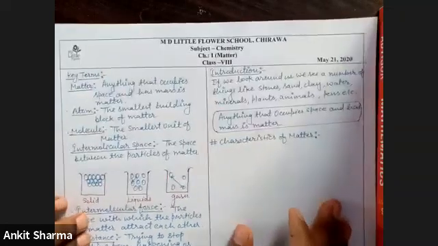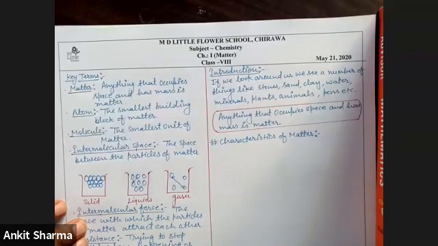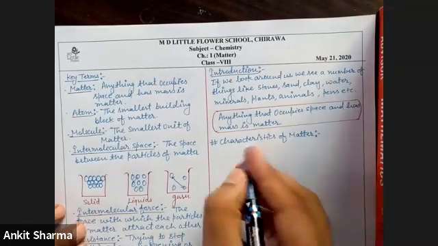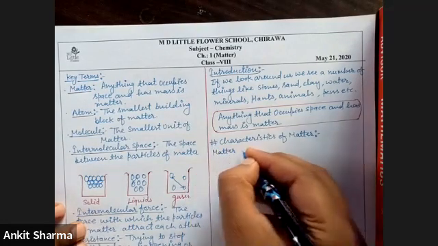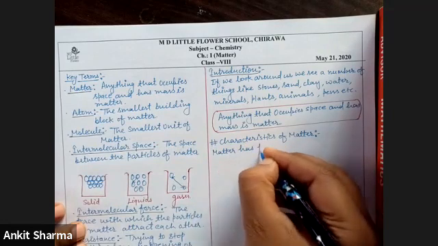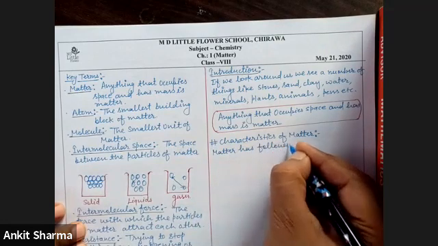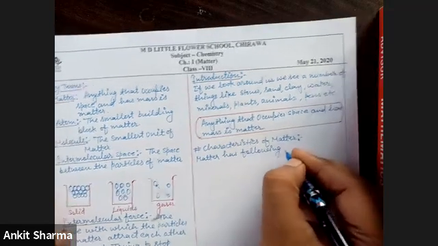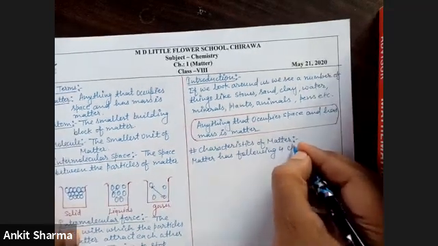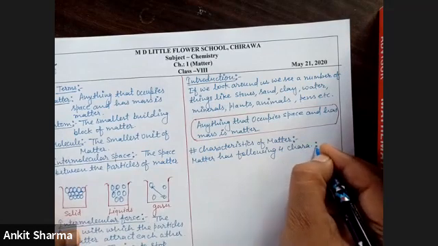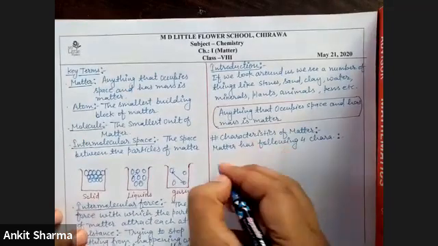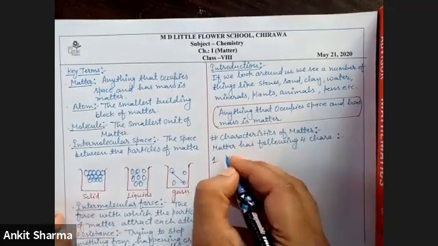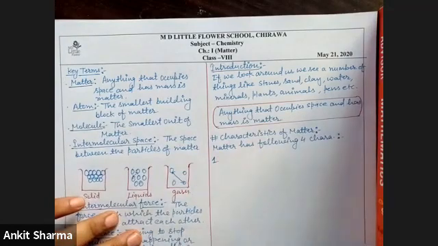Matter has 4 characteristics. Now I'm going to write the names of the characteristics. First is particles of matter are very small.